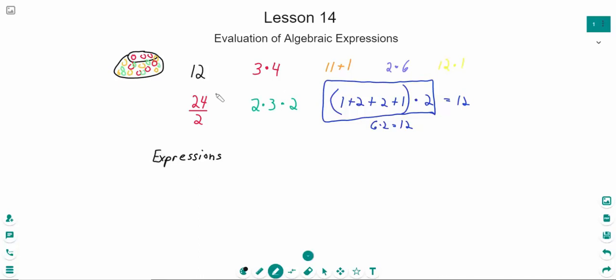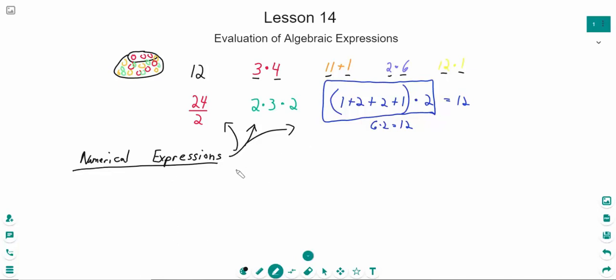Now, since these expressions are made up of numbers, a 3 and a 4 and 11 and a 1, they're all made up of numbers and only numbers, we're going to call these numerical expressions. So these are all numerical expressions. Pretty straightforward, all right?